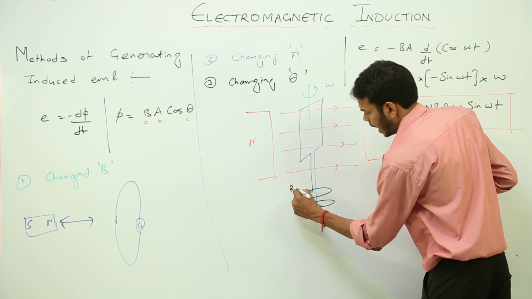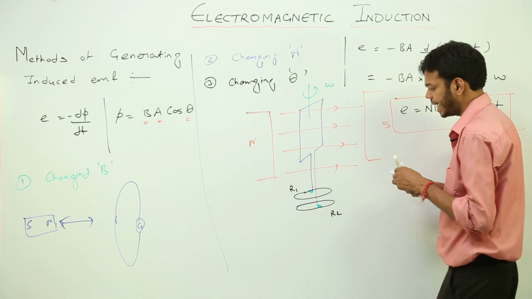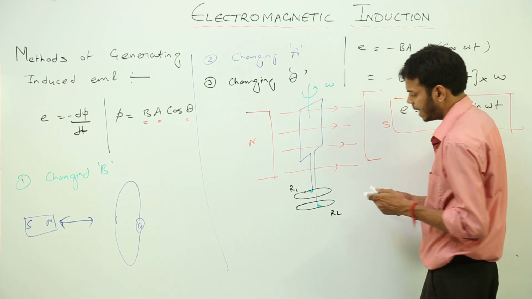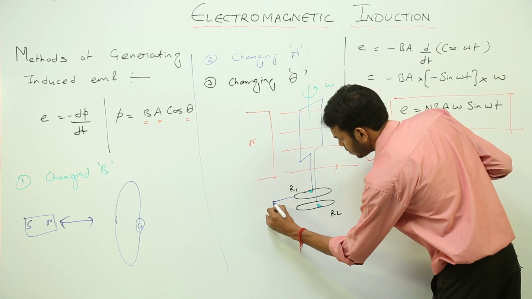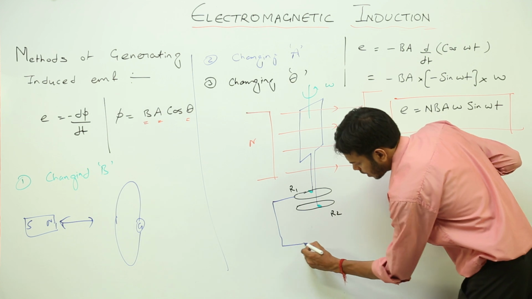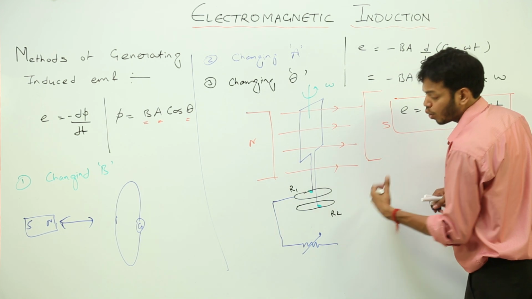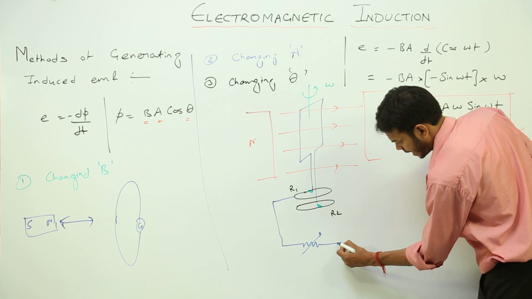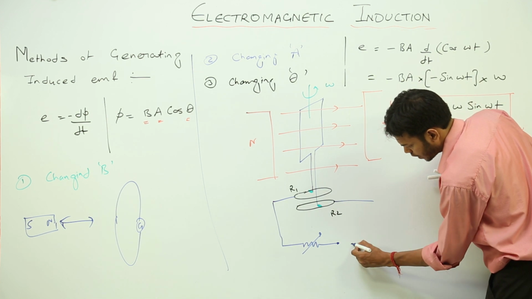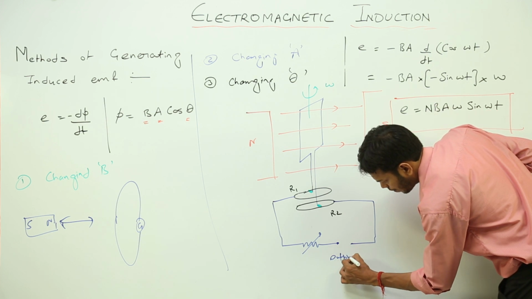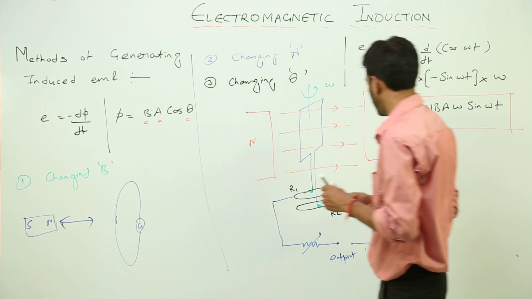We have rings R1 and R2, which are the slip rings, further connected with a changing resistor, that is a rheostat, across which the output is taken.